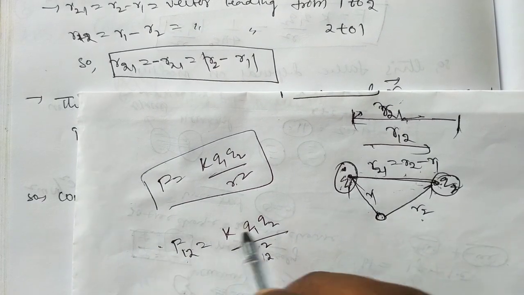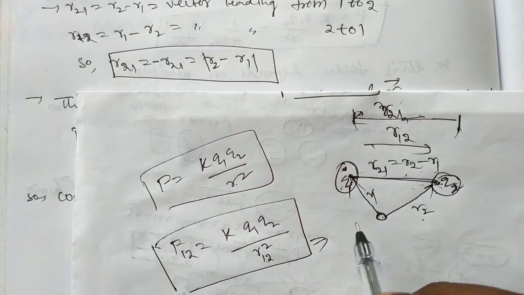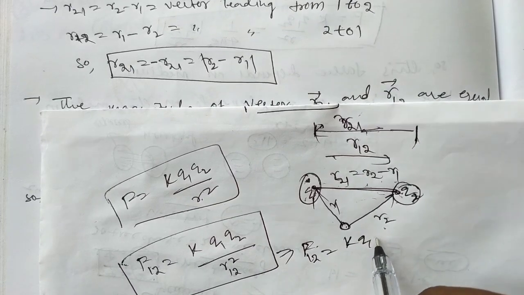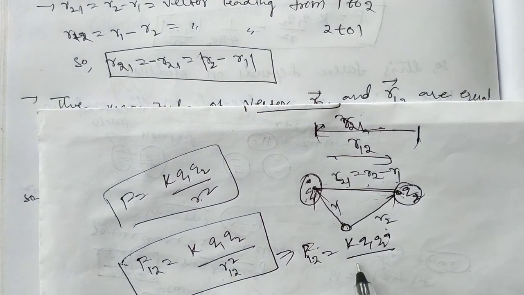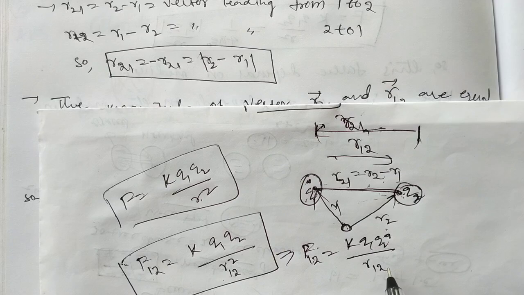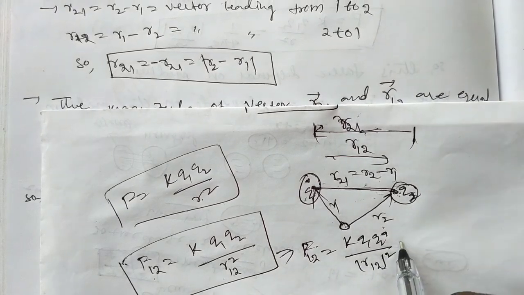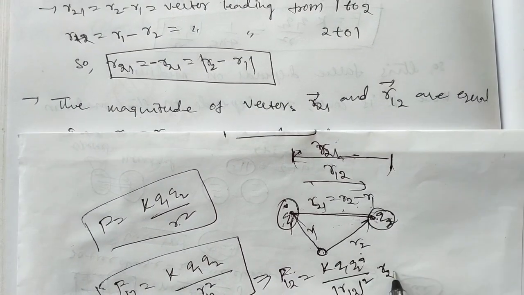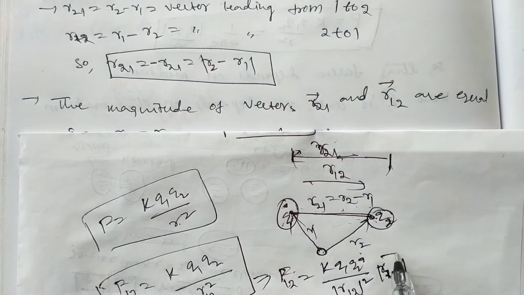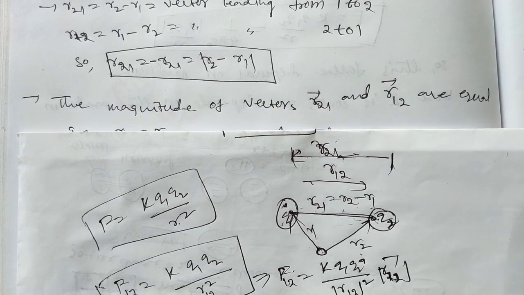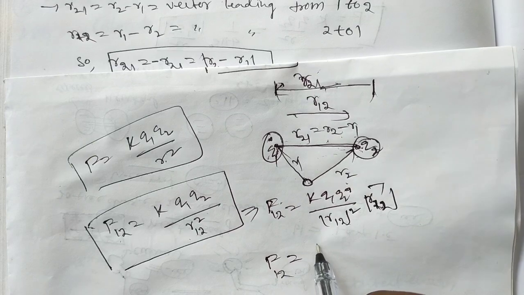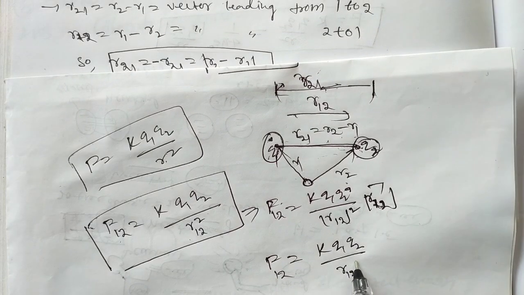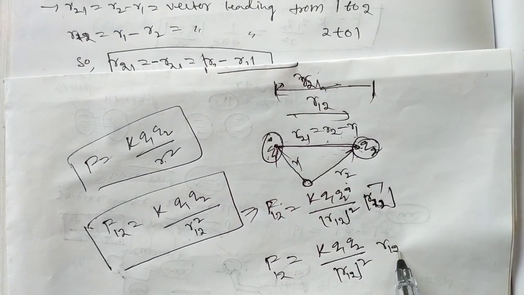In vector form this can be written as F12 is equal to k q1 q2 by mod r12 square times r12 bar by mod r12, that is, F12 equals k q1 q2 by mod r12 squared into r12 bar.